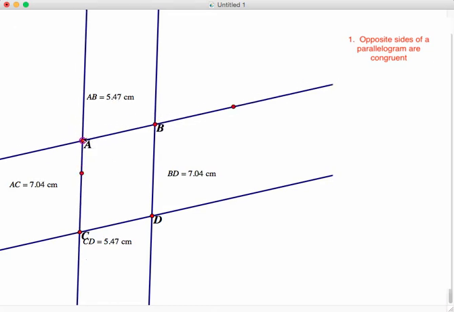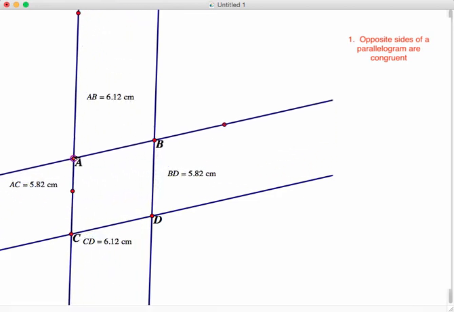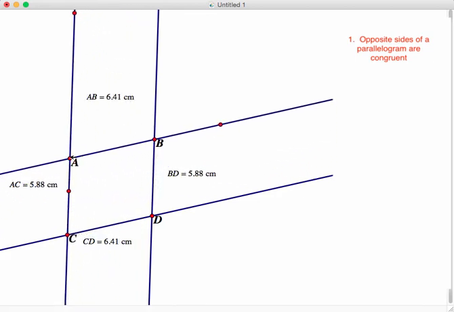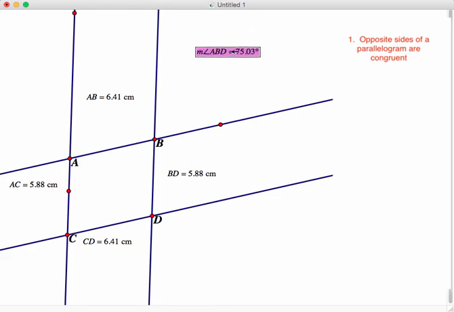Now if you look at the angles, A compared to D and C compared to B, it appears that those angles are also the same. So I'm going to measure those. Angle ABD, we'll measure that angle, is 75.03 degrees. And I'm going to measure angle ACD, which would be the opposite angle of that, and it's going to measure exactly the same, 75.03.